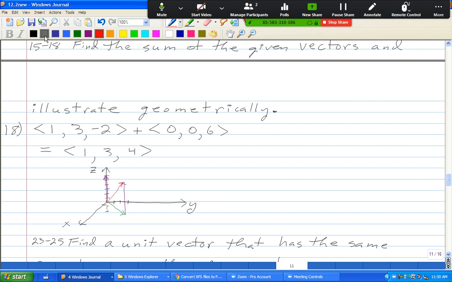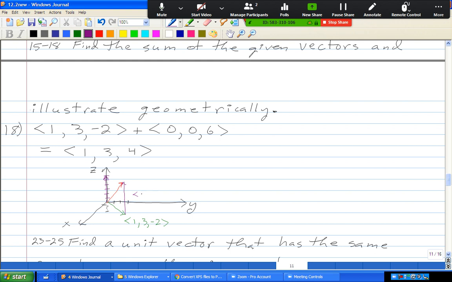So this was the vector 1, 3, negative 2. This was the vector in purple. It just blanked out on me for a second.